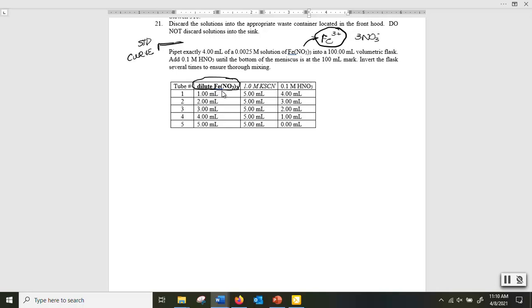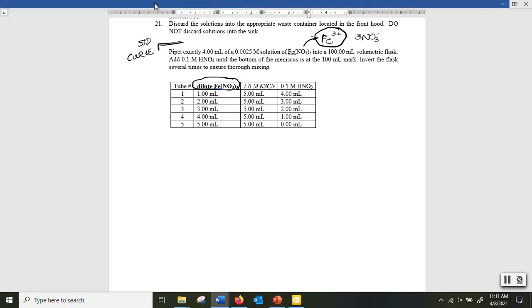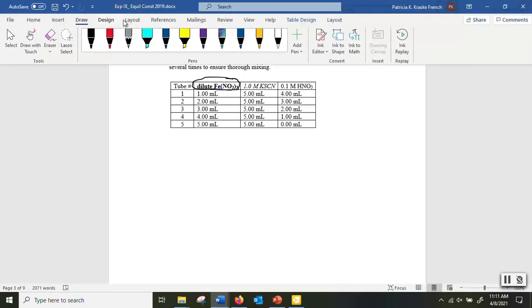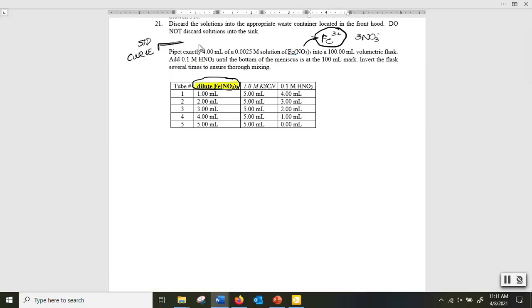Well, that's going to be interesting because the bottles out on your benches are not going to include dilute iron 3 nitrate. That won't be there. And the reason that won't be there is because you're going to have to make it. And the way you're going to make it is right here. You're going to be pipetting this solution, which is on your benches.